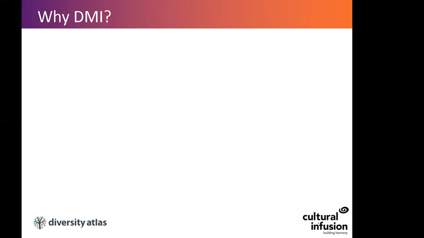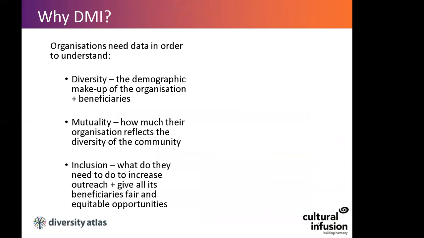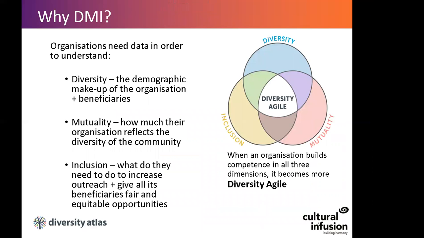So another aspect of Diversity Atlas is the DMI framework that we've developed. Here, D&I, most of you are familiar with, is an acronym for diversity and inclusion, but we've also looked at mutuality.